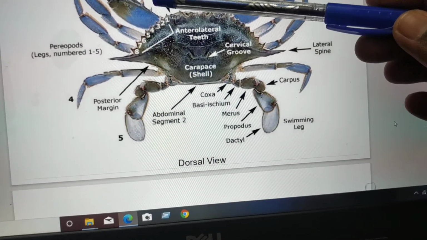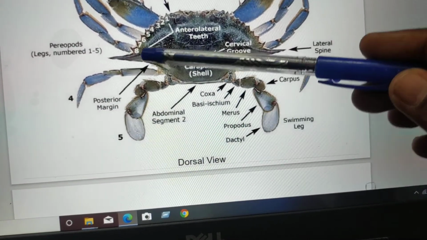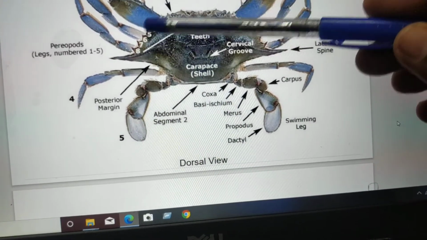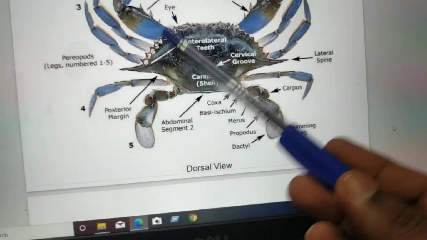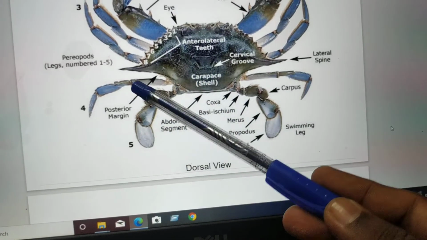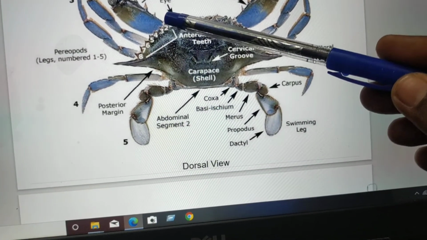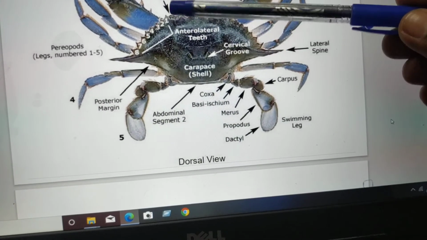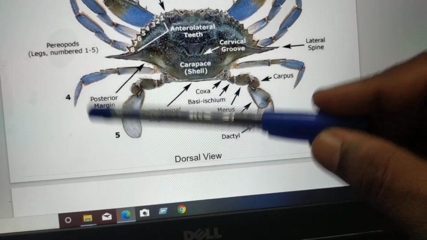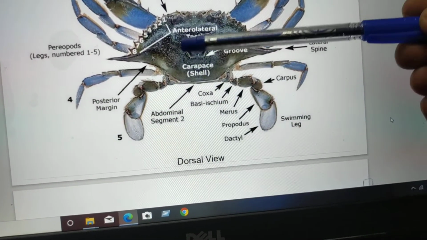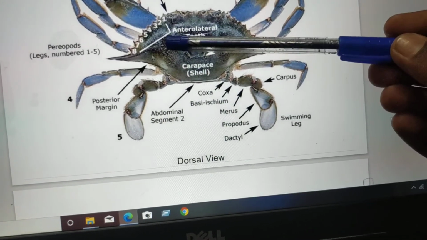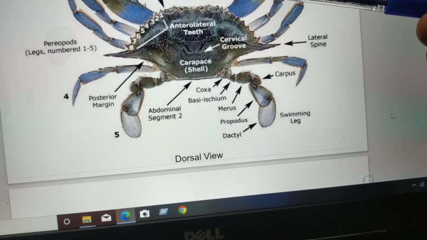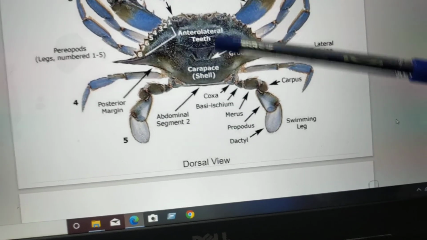This is the posterior region. So this is anterior and this is posterior. So the teeth which are present in the anterior area are called anterolateral. This is the lateral side, anterolateral. So this is the anterior side, and this part is lateral, so anterolateral teeth, and this is the posterior margin, and this one is dorsal, and down is called the ventral side.